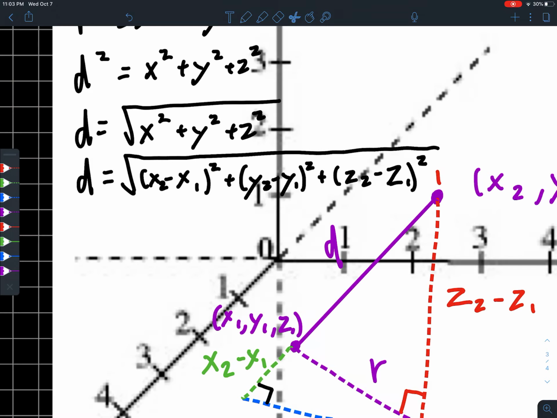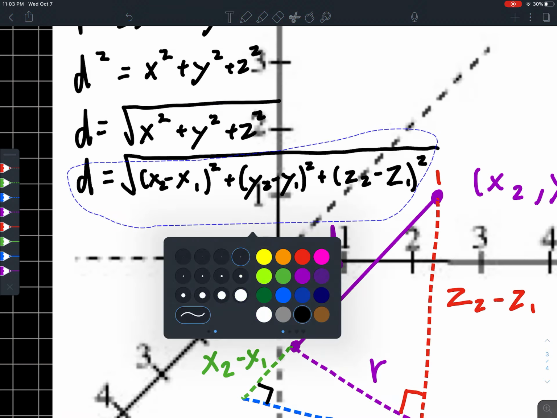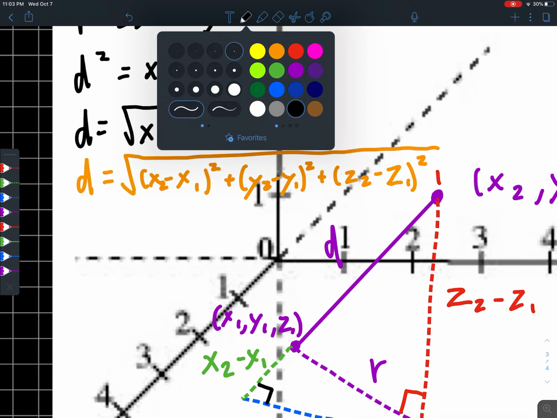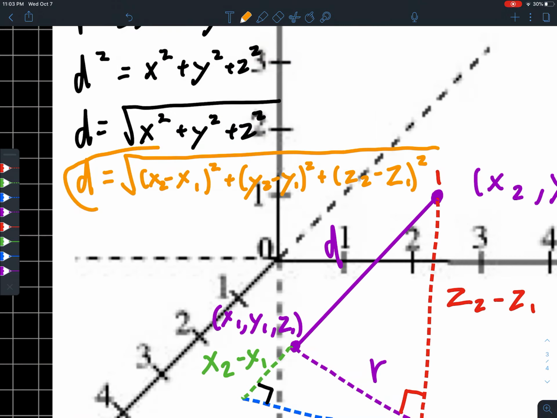Let's make this orange just so you guys can see it.